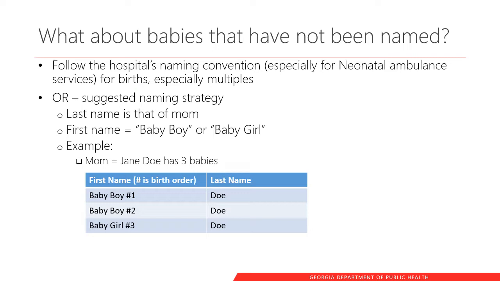Hopefully you don't ever have to deliver triplets in the field, but if you do, then that is one naming convention you can use. And always use the last name of the mom, not the last name of the dad, because we don't always know that is correct, so we want to make sure to use the last name of the mom.